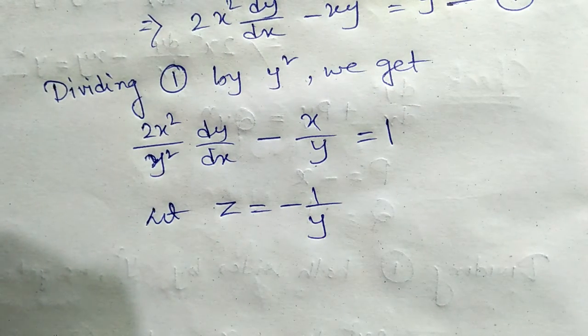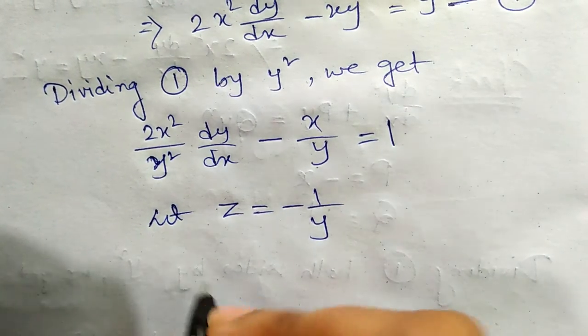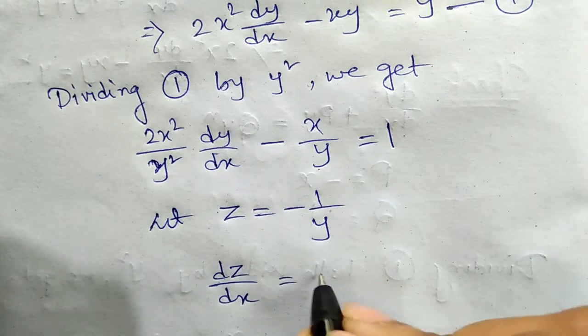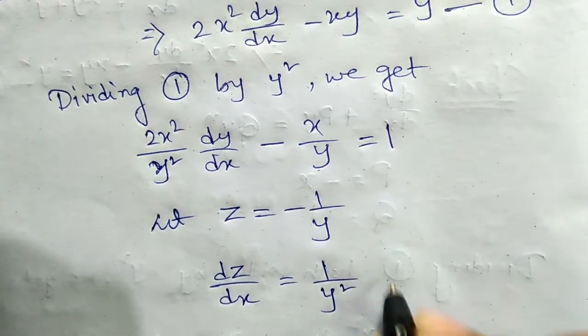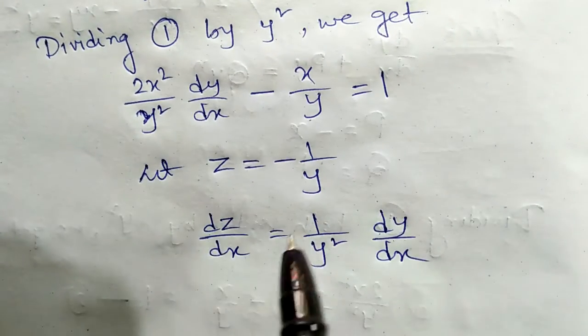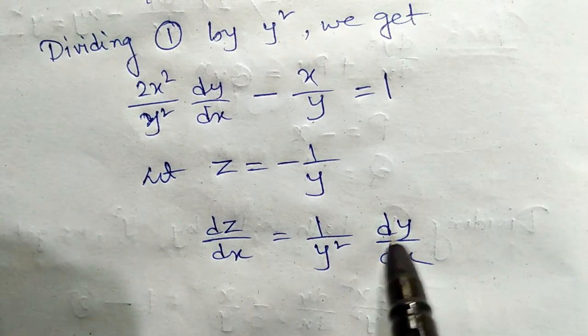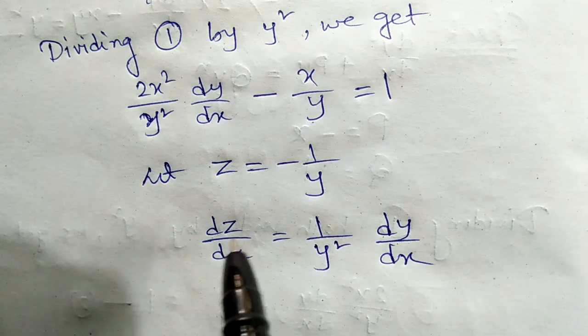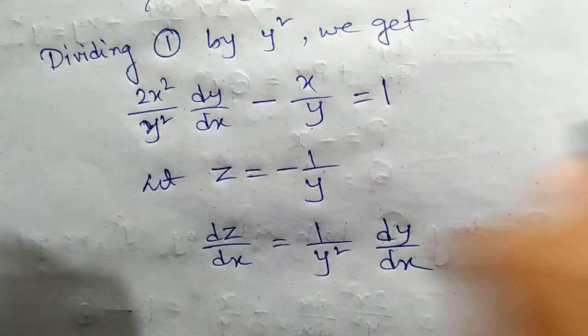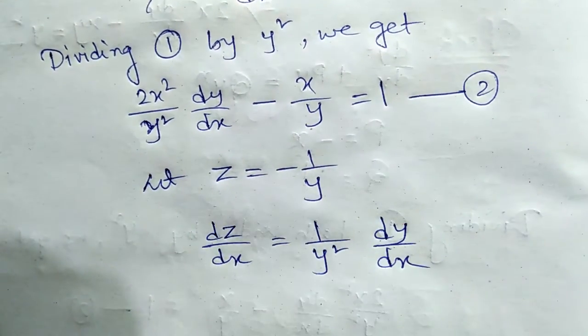Then differentiating this with respect to x, we get dz/dx = +1/y^2 dy/dx. Now 1/y^2 dy/dx equals dz/dx. So we put this value in equation number 2.